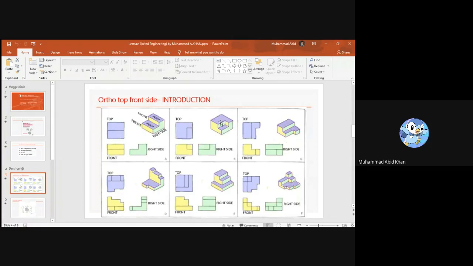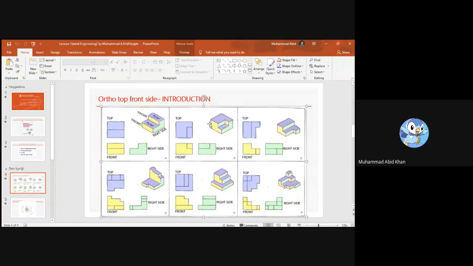When we are looking at this side, that is the right side. I mean this side is the front side, and as a front side we consider the other sides: right side, left side, top side, behind, back side. Top side we draw it here, and the front side, when we are looking at this side, looks like this shape, so we draw it here.